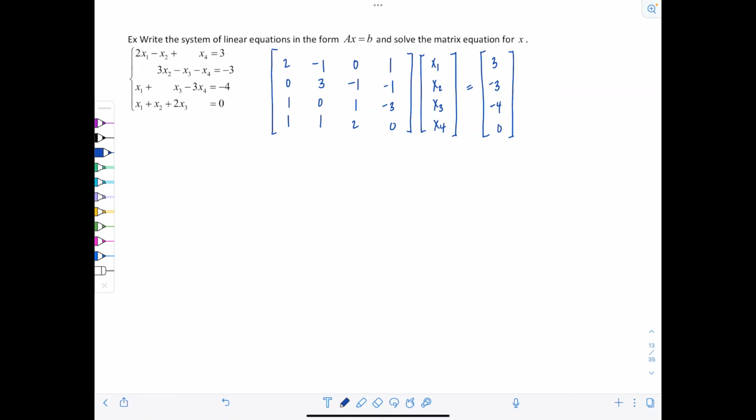Okay, Gauss-Jordan elimination time. So I know I want a 1 in the top left, and I'm not going to divide by 2 in that first row because I've got some options. I can switch things around, can't I? So here you're going to ask yourself, do I want to move row 4 to row 1 or row 3 to row 1?